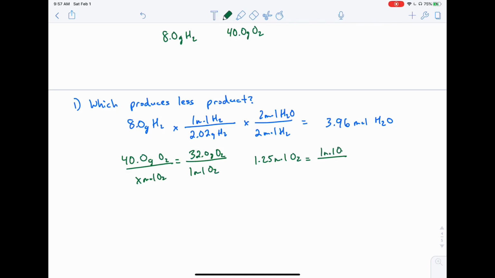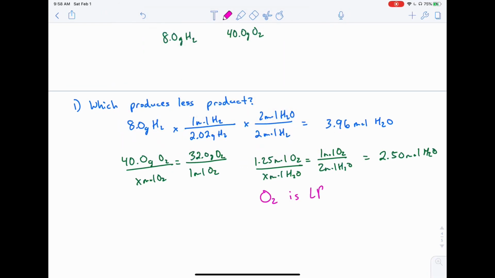And 1 mole of O2 is 2 moles of H2O, so you could produce 2.50 moles of H2O. With this amount of H2, I can make almost 4 moles of H2O. With this amount of O2, I can make 2.50 moles of H2O. Therefore, O2 is the limiting reactant, and you can only make 2.50 moles because you'll run out of O2 before you can make 4 moles. That's the concept there.